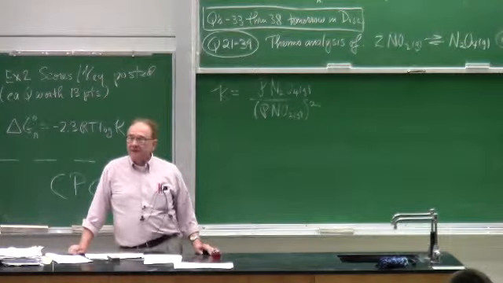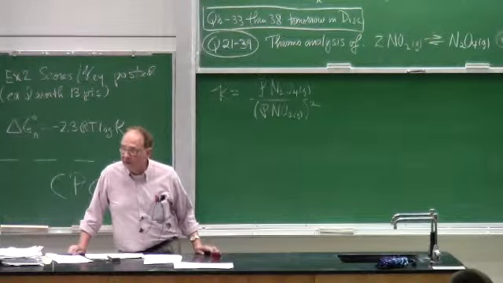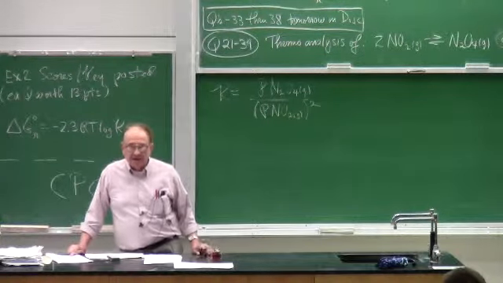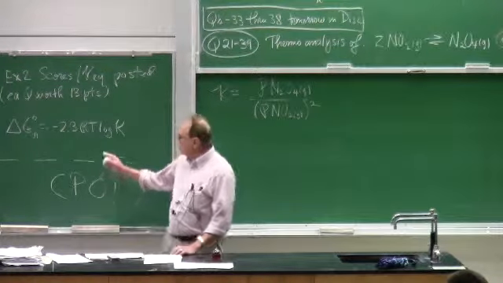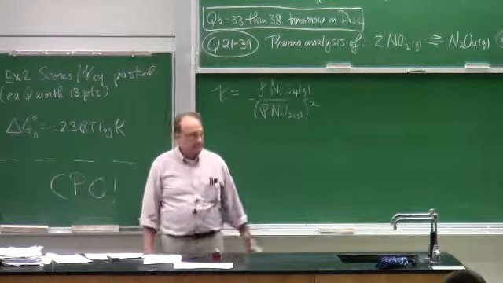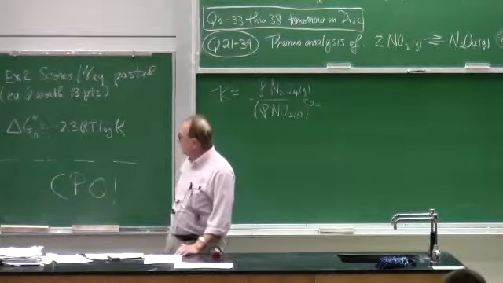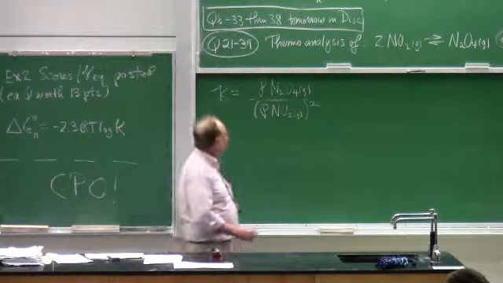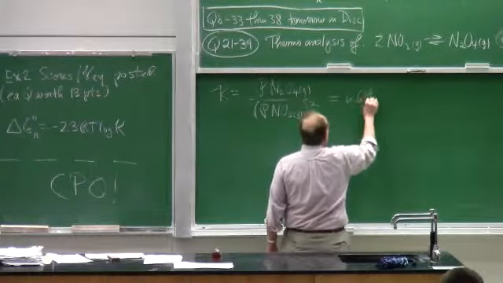All right. Now we're going to get the data from Table 1, end of chapter 20. You get the data. I'm not going to write it on the board. Calculate delta G0 for this reaction at 298 K, 25 centigrade, so that we can get K. The number we get is 6.69.